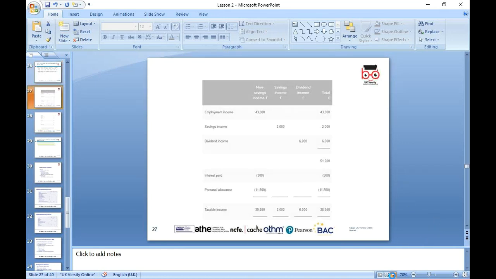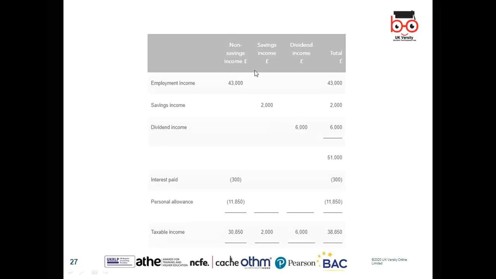Okay, like we have here, his income is, savings is, dividend is, then total income. Interest paid we can deduct, and the personal allowance, which in the previous year was 11,850, was authorized.